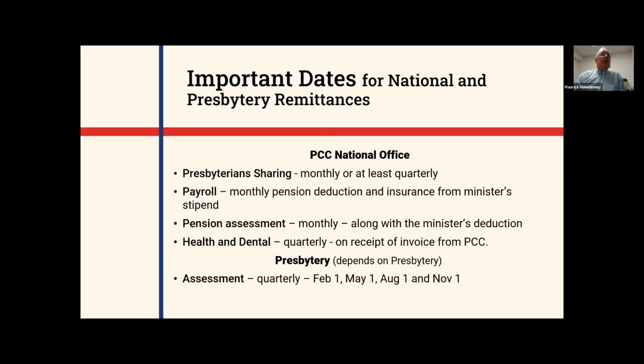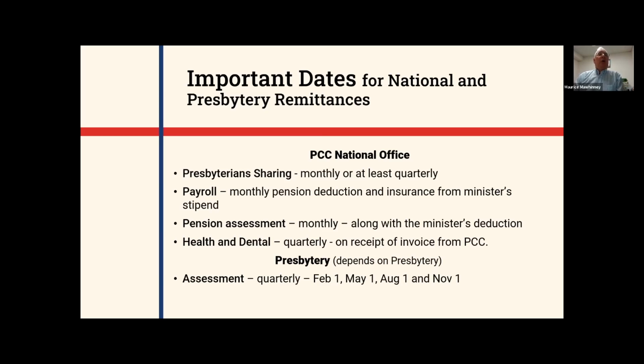If you look at the reports that come out on generally a monthly basis, you'll see in the month of December on most years, you'll find that there's a substantial amount of the remittances are left to December before they're remitted. But the PCC needs to be paying its bills as well, and it needs to have its income coming in.